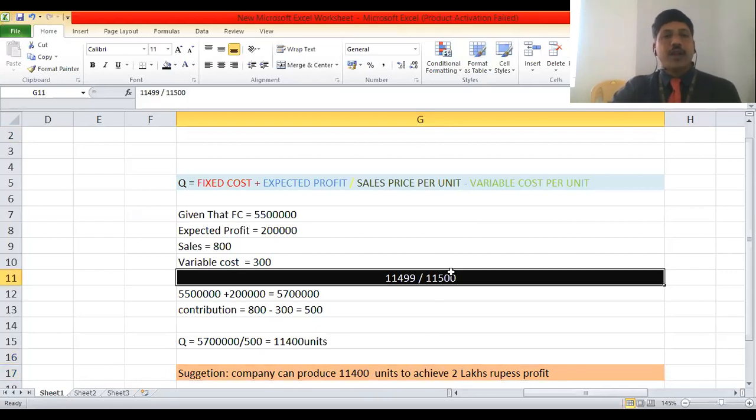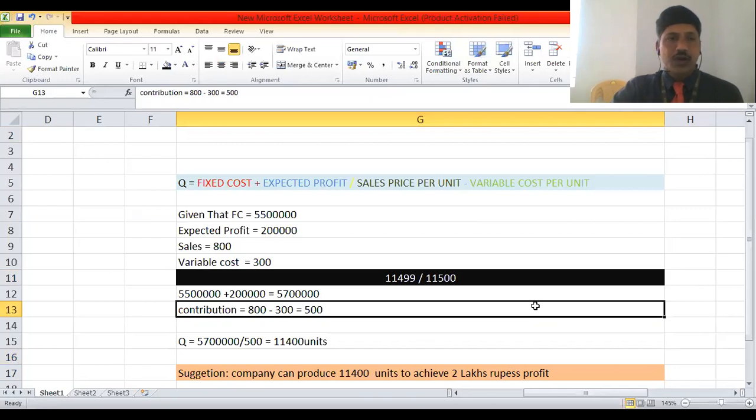Okay. And now one of your friends, Rohan, has asked a doubt about the contribution. So what actually is the meaning of contribution? Generally, there are two things in contribution: contribution margin and contribution margin ratio.